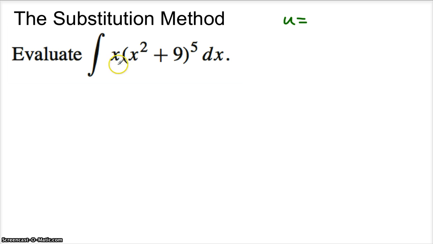Now, what do we have here? We have x multiplied by bracket x squared plus 9 to the 5. If we let u equal x squared plus 9, and if we were to differentiate u with respect to x, so I'll just write that symbol du over dx, we get 2x.